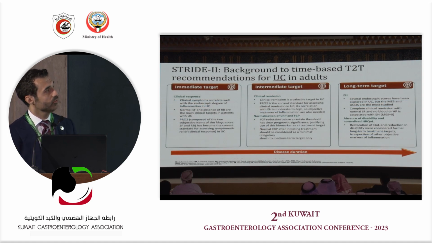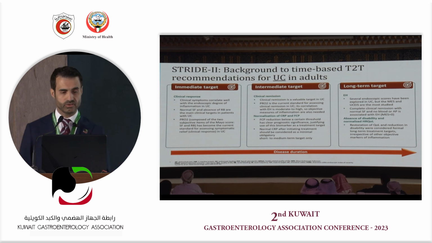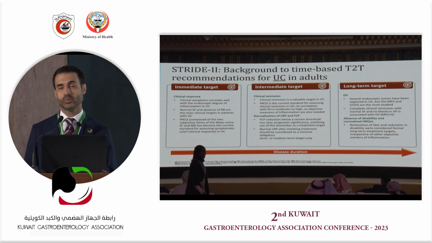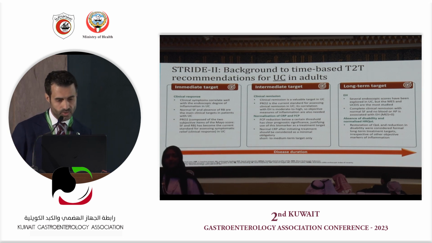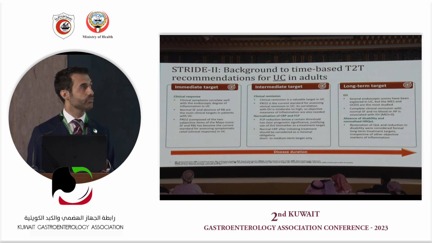And you see similar things in UC: improvement of symptoms was the intermediate target. A normalization of C-reactive protein and fecal calprotectin is the intermediate target, and the long-term target is endoscopic healing and the absence of disability and normal quality of life.